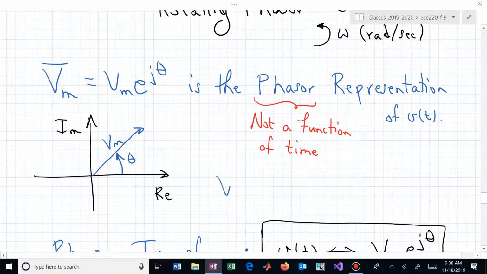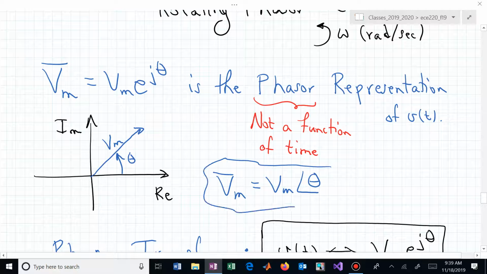And we're now going to simply say, oh, we have this phasor, v sub m, which has a magnitude v sub m at an angle of theta. And that is not a function of time, and that allows us to avoid worrying about, explicitly, differentiation and integration.